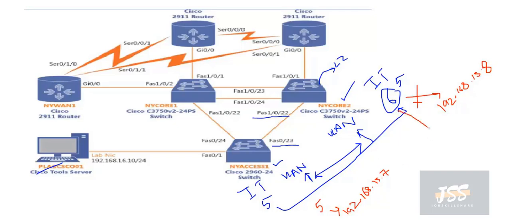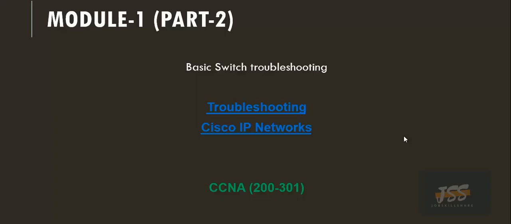What we did was we removed VLAN 6 and made it VLAN 5 and gave it the IP address 192.168.15.8. This was able to solve our issue of VLANs, because the same VLAN can form membership and can communicate.